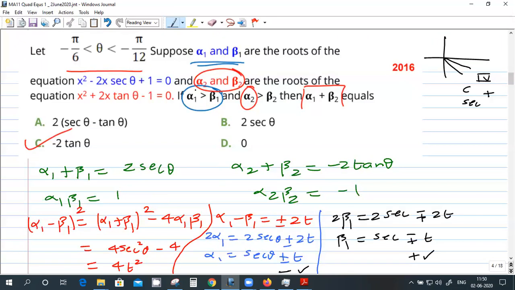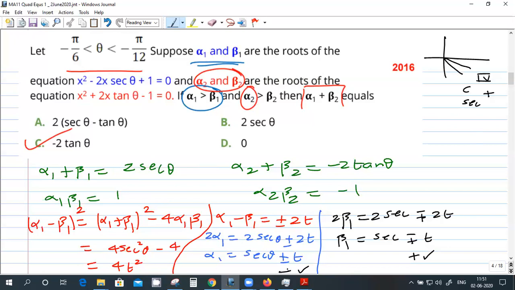See, the angle they have given us is minus pi by 6 to minus pi by 12, right? Pi by 6 is 30 degrees, and this is 15 degrees, half of it. So theta is in the fourth quadrant. In the fourth quadrant, cos is positive, and then secant is positive. Other things are negative.